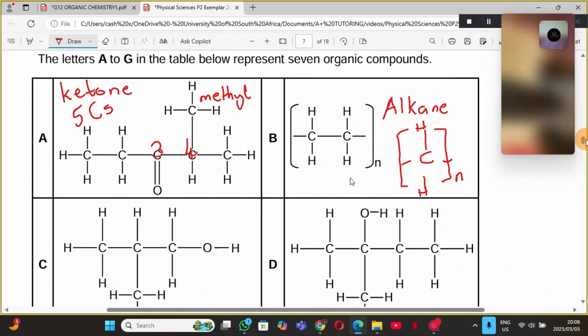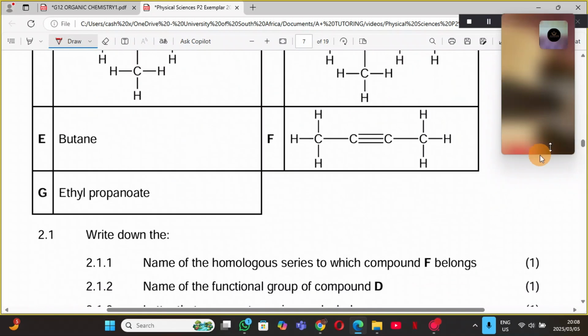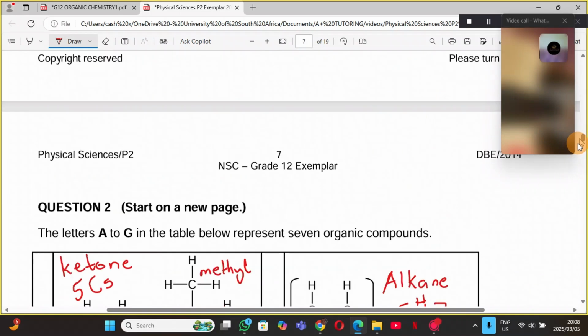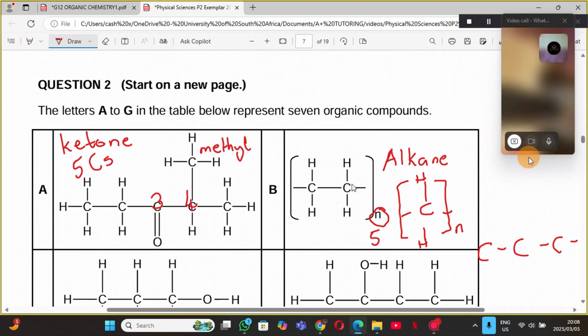What they mean by this is that since they put an N, even if I say 5 times of these, I'm just gonna continue going C, C, C, C. You get it, good? I'm just adding the very same thing over and over again. So it's telling me that what you have here is what you will have in the bigger compound.